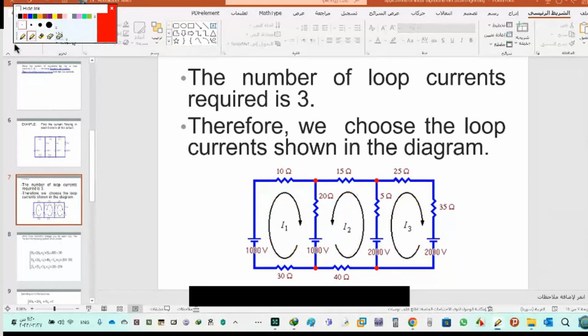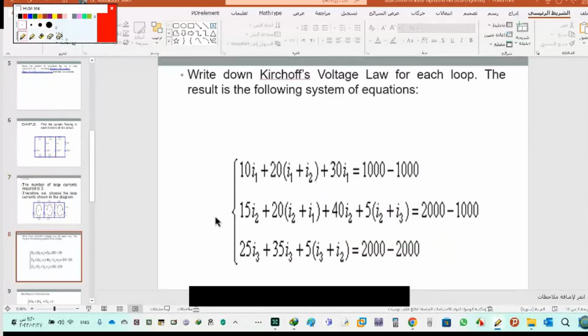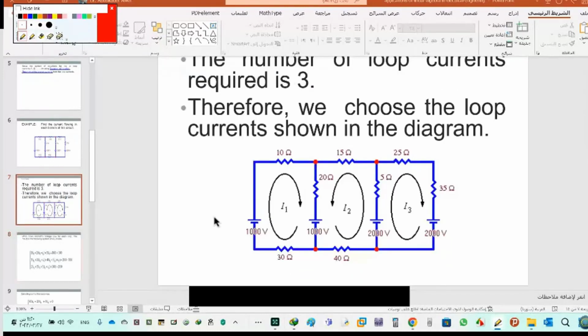Then we will write the formulas for this loop. Okay, start with this one from here. Direction from positive to negative. Then let's write Kirchhoff. This is minus 1000. See, if you want to see the answer with me, let's see here.